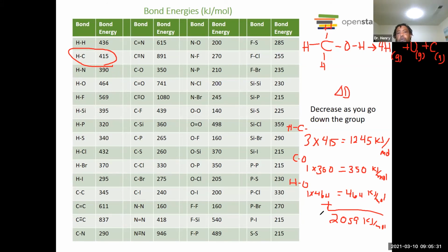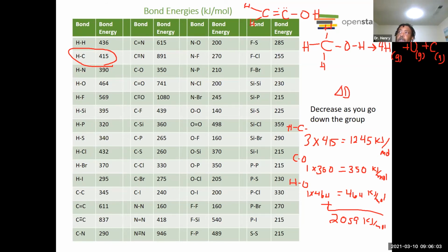Okay, so what happens if we start talking about double bonds, right? So let's say we had something like this. We have C double bond, C single bond, O, H, and then we'll go single bond, single bond.